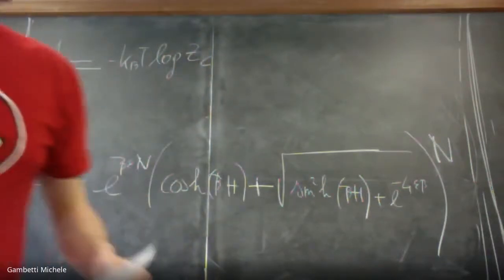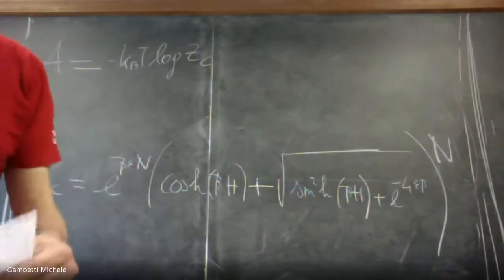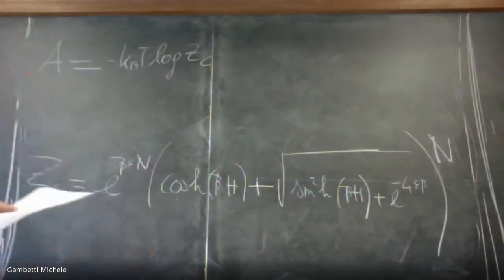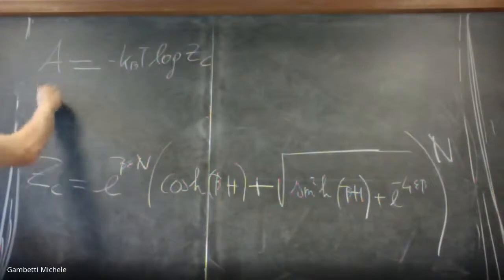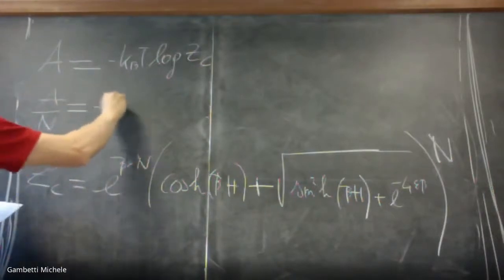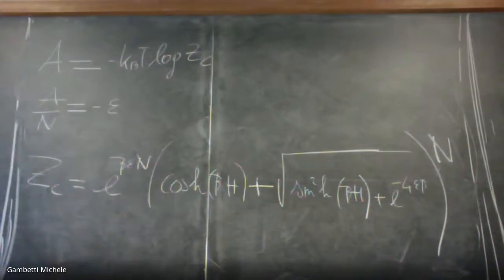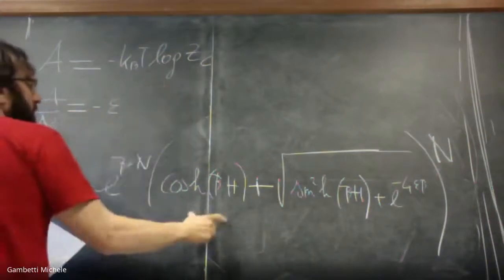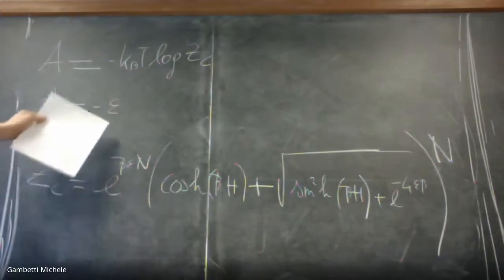And so I have all my thermodynamics now fixed, and if you want, I can write that A divided by n is equal to minus epsilon, just by computing the log of this quantity here, multiplied by minus kBT.